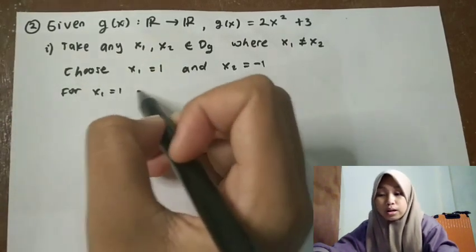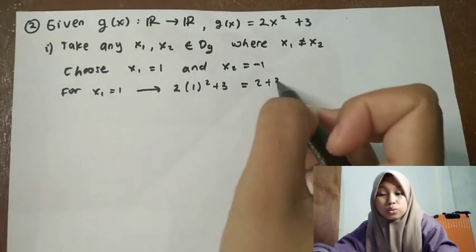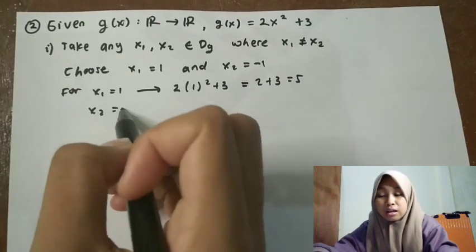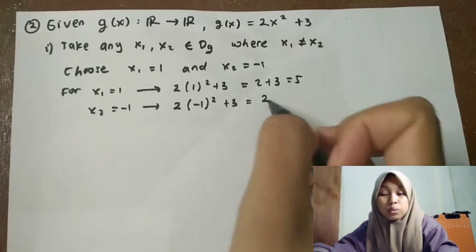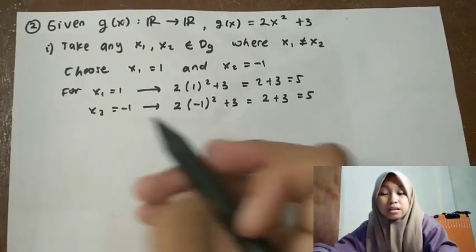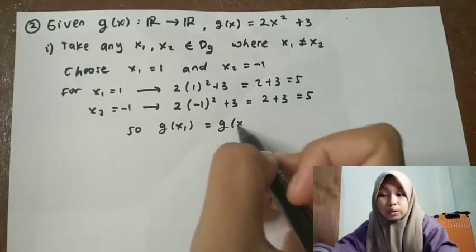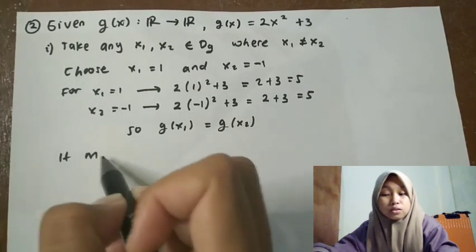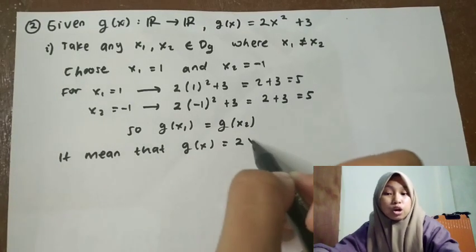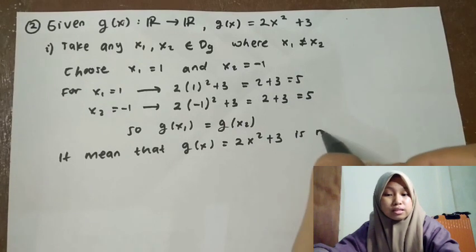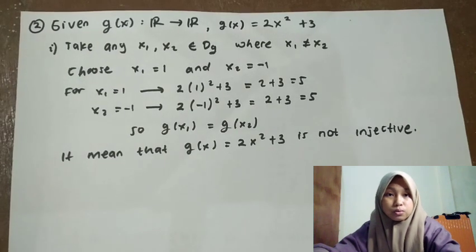For x1 = 1 it implies that 2 times 1² plus 3 is equal to 2 + 3, which is equal to 5, and for x2 = -1 it implies that 2 times (-1)² plus 3 is equal to 5. Because both of them have the same values, g(x1) is equal to g(x2). It means that g(x) = 2x² + 3 is not injective because there are the same values for different x1 and x2.